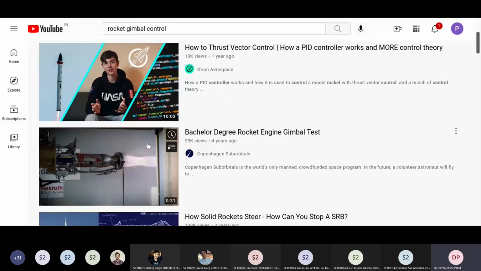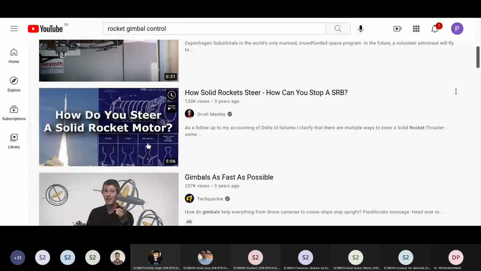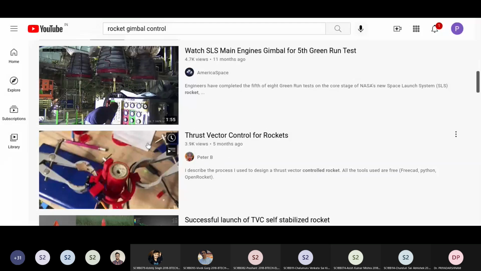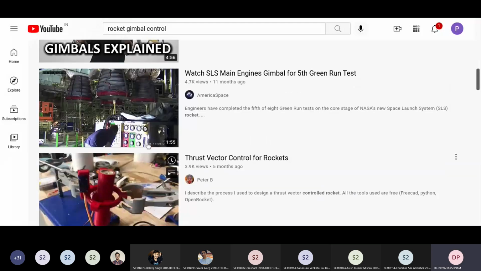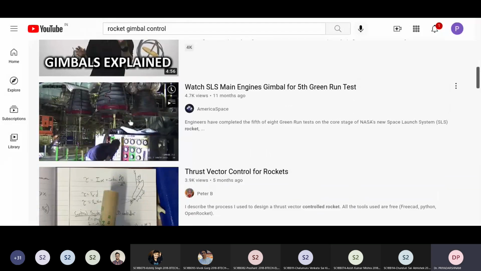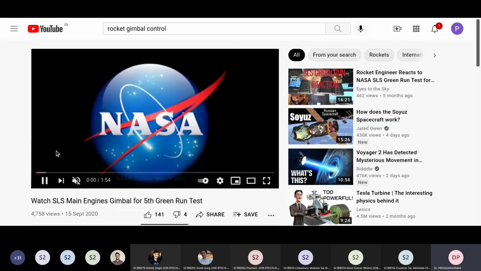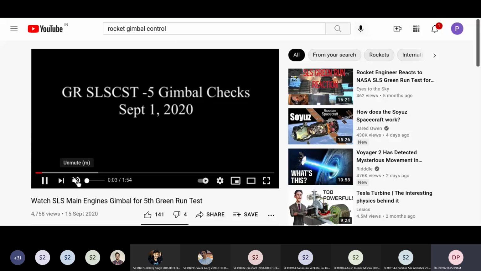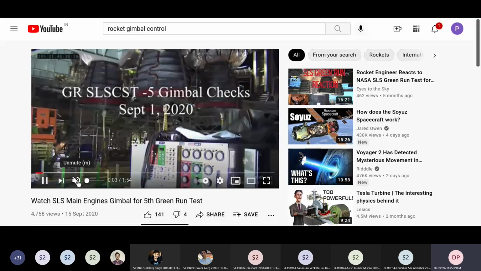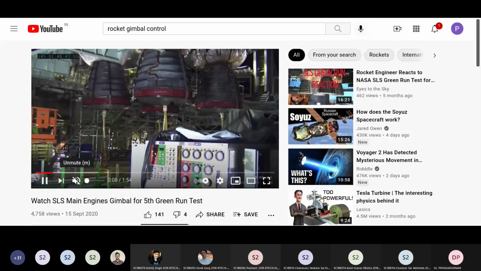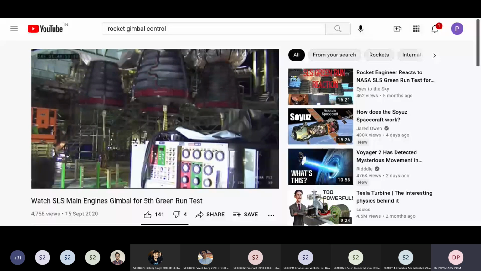Yeah, you can see. Let me show this one. Are you seeing this screen now? Yes, sir. You can see this movement of the rocket thrusters. This is called gimbaling the rocket thrusters. If multiple thrusters are firing when your rocket is moving up, you have to move this thing in a certain direction.